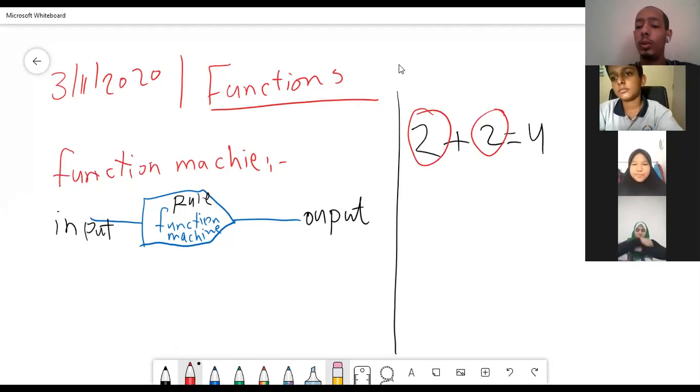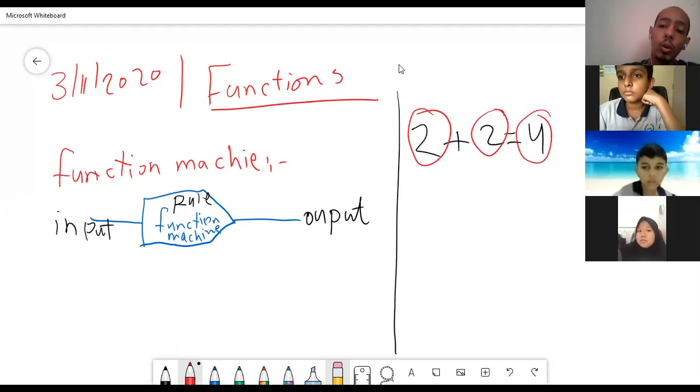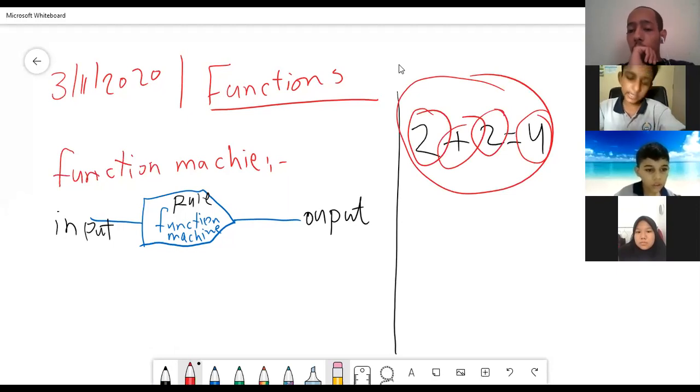What was the output? 4, right? The output is the answer. Okay, so now what is the rule or the operation? The plus, right? The plus was the operation.